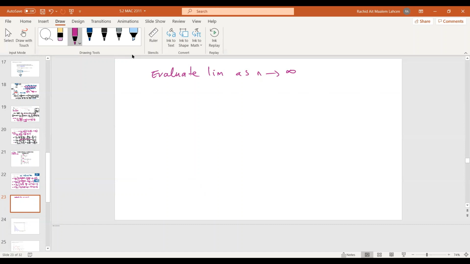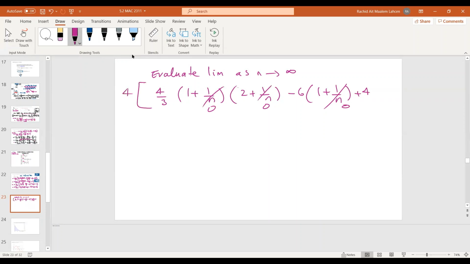So we're going to have, let's say for 4/3, let's write it down, 2 plus 1 over n, minus 6 times 1 plus 1 over n, plus 4. So 0, 0, 0, 0, right? So that's going to allow, and we have a 4 outside, and that's going to be 4/3 times 1 times 2 minus 6 times 1 plus 4, and that's going to be 1/3.